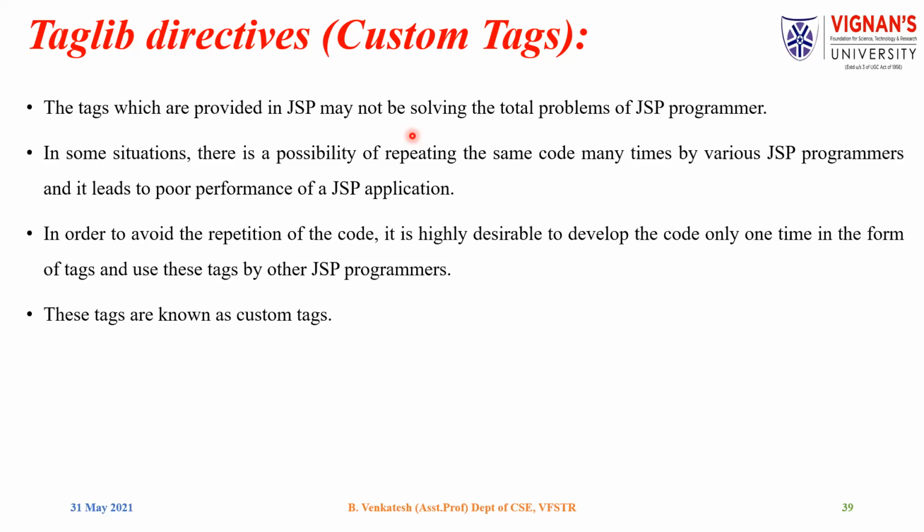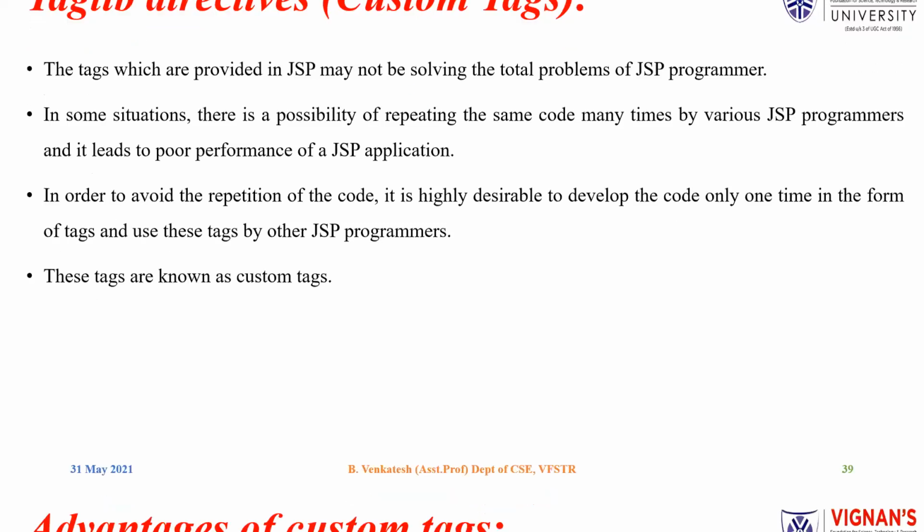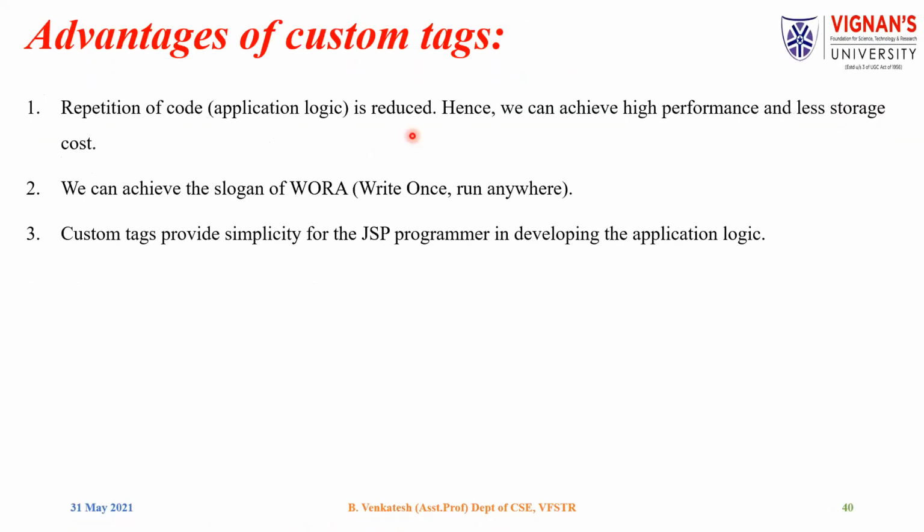As I already told you, these are also known as custom tags. What are the advantages of using custom tags? Repetition of code is reduced, that is, the same code being rewritten n number of times is reduced, and we can achieve high performance and less storage space.